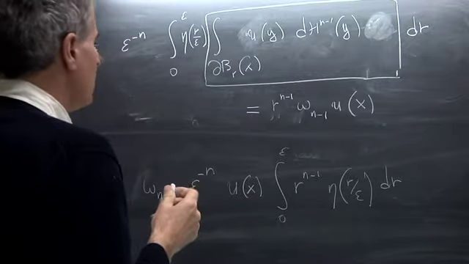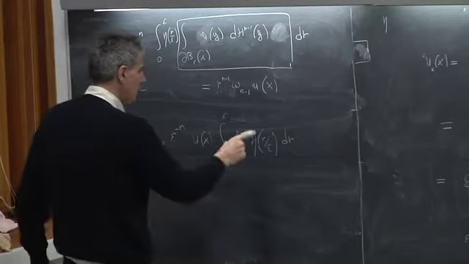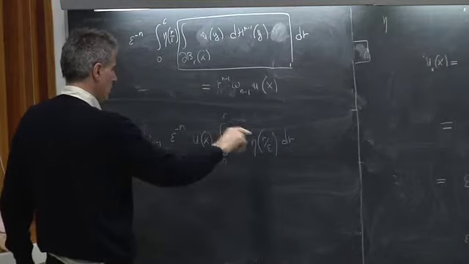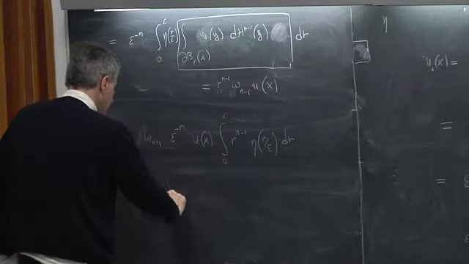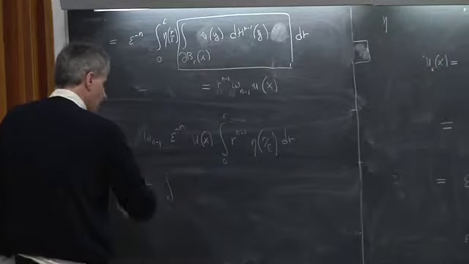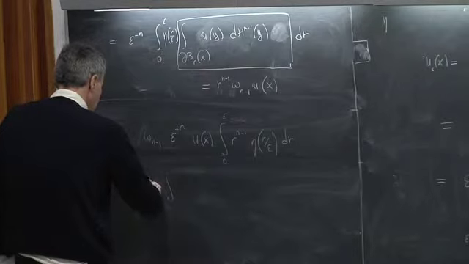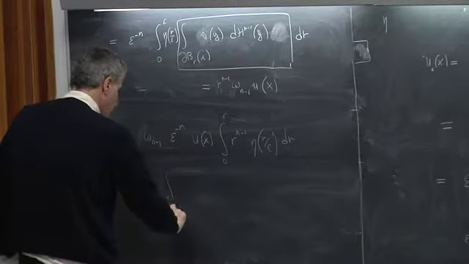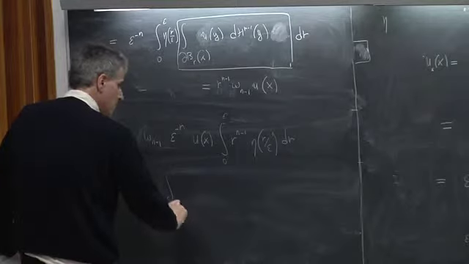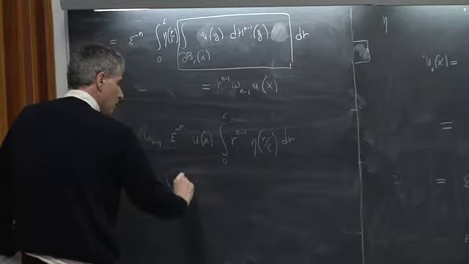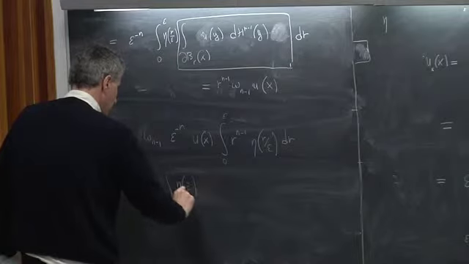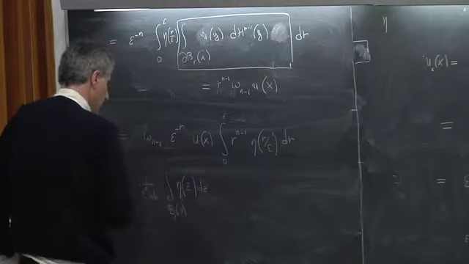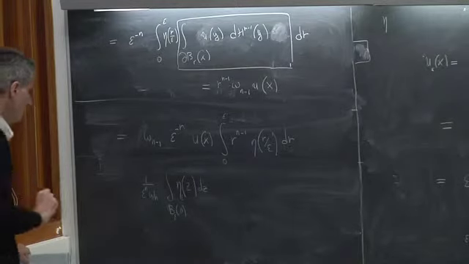Now, homework, by the normalization property of eta, we know that the integral over the ball of radius epsilon centered at 0 of eta epsilon of z dz is equal to 1.